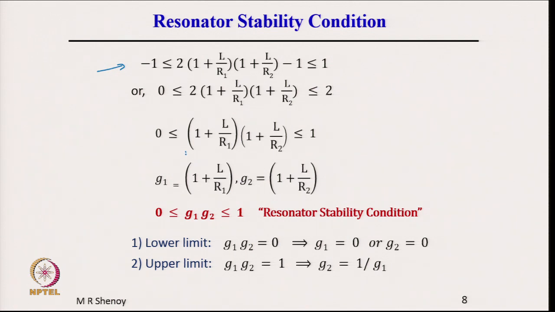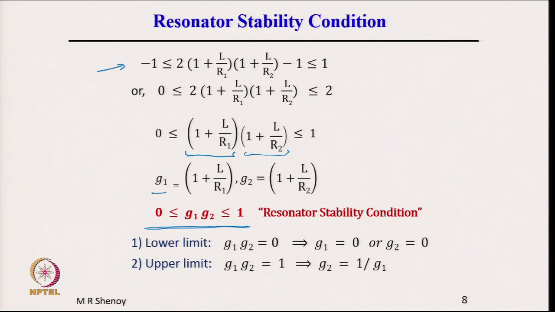If we define this as G 1 and this as G 2, then the inequality is written as 0 less than or equal to G 1 G 2 less than or equal to 1. This is called the resonator stability condition.